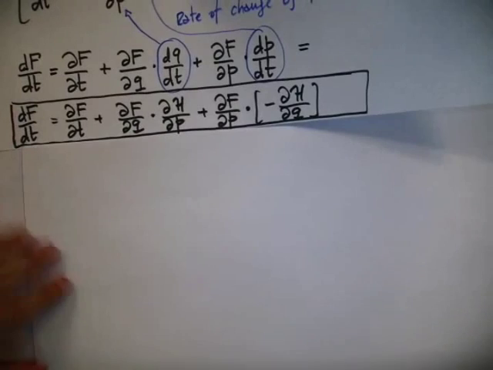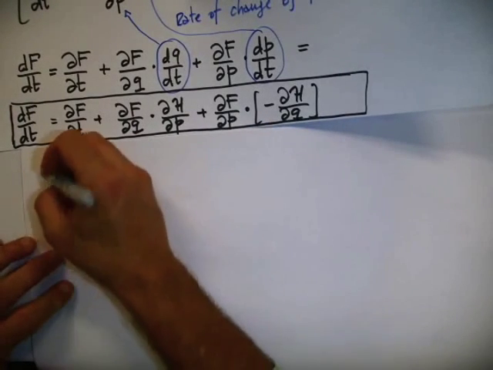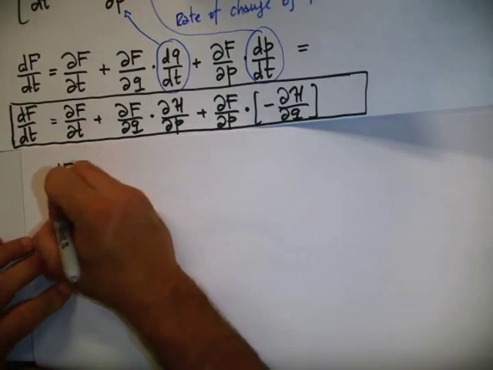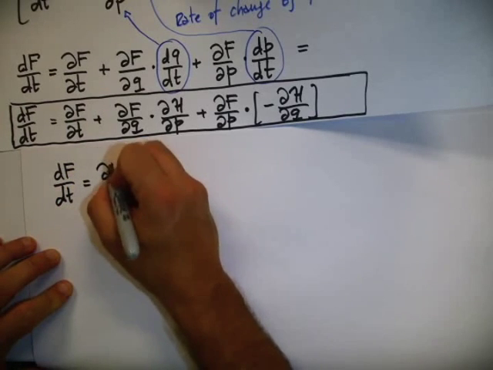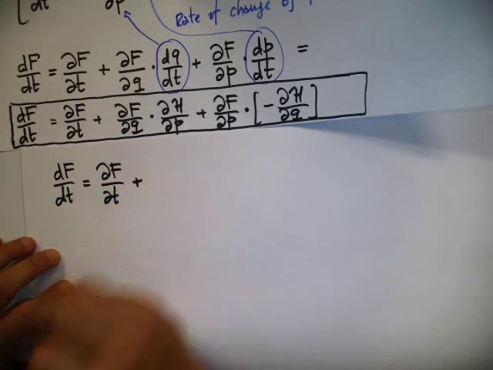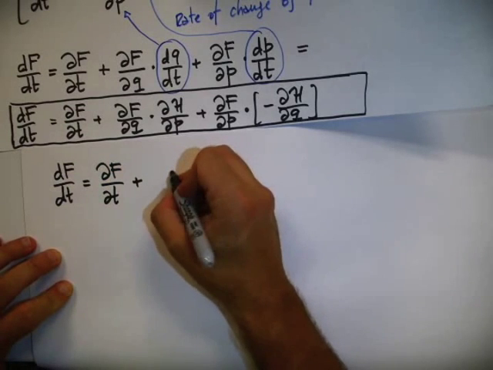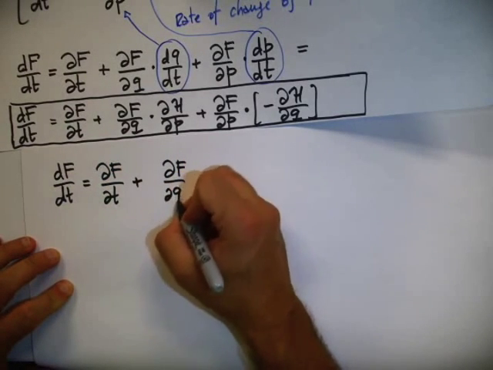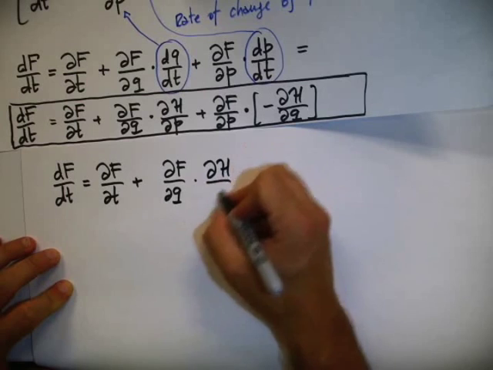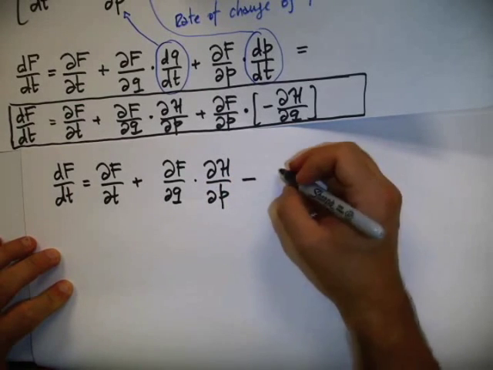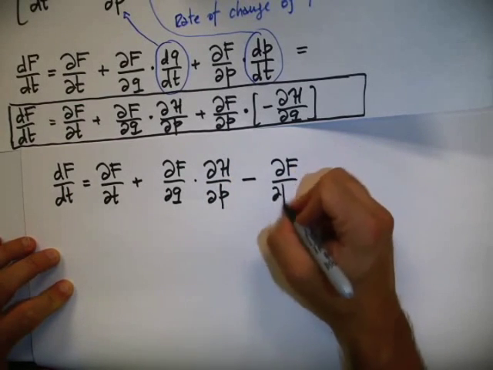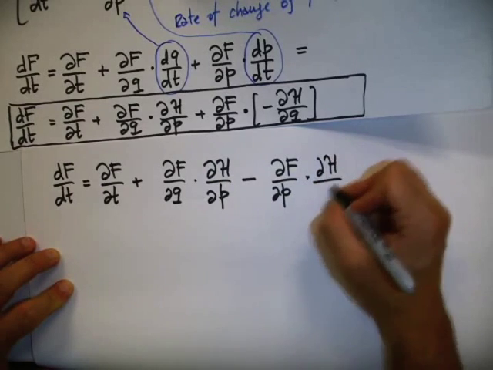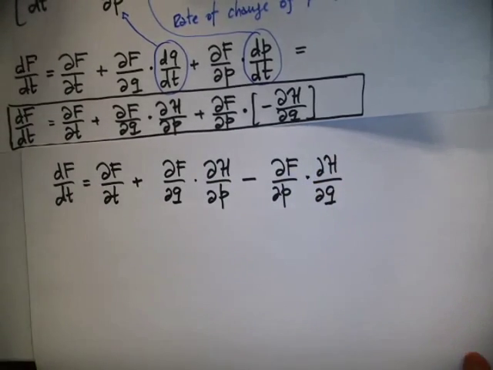Let's understand what it means. So I can rewrite this expression as the total derivative of f with respect to t equal partial of f with respect to t plus df/dq times dh/dp minus df/dp times dh/dq.